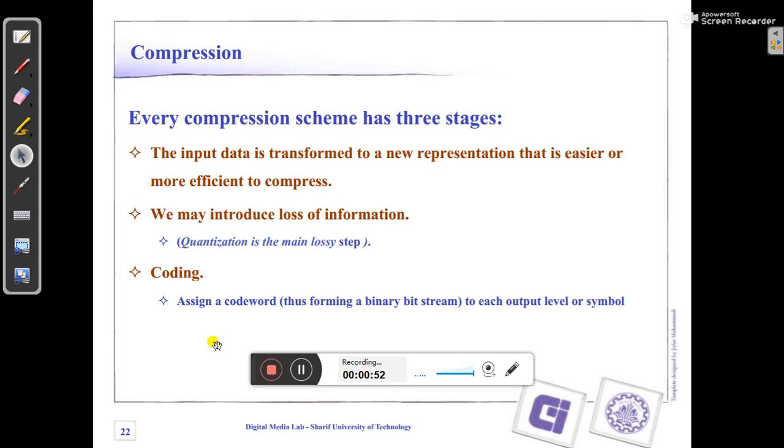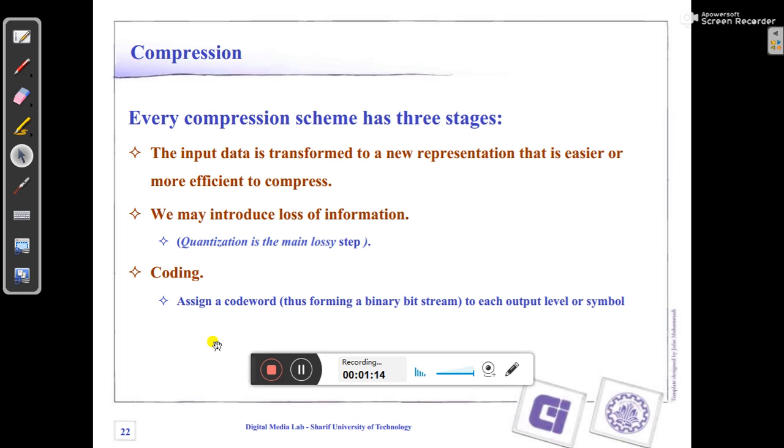In the second stage, we may introduce loss of information. Due to compression, we might face information loss. Actually, the quantization process is the main lossy step.